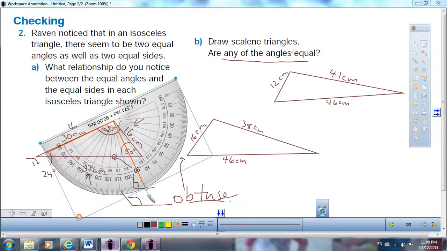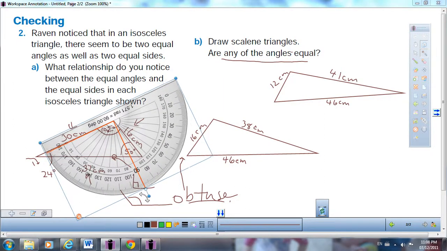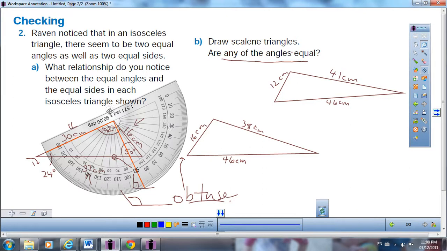Now, what did I do? Well, I took one of those arms, and I lined it up along the horizon on the bottom of my protractor, right there, and then the other arm extends up here. But look, it doesn't extend all the way, so it's hard for me to figure out what number it might be. Are there any tools I can use? Well, you have tools too. You can take another ruler, or you can use your ruler and create a dotted line and extend it all the way so that you can use that line to give you a better prediction of what the actual number is.